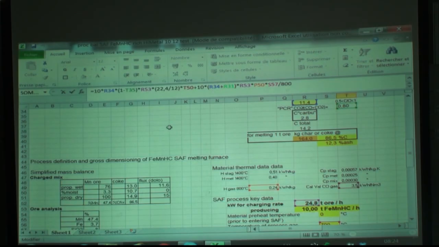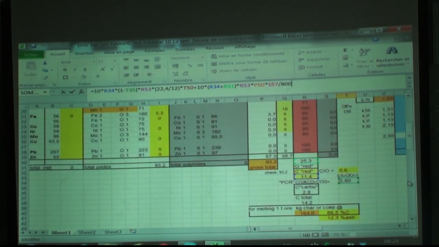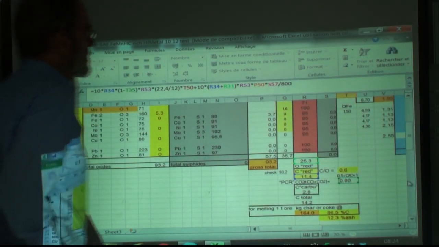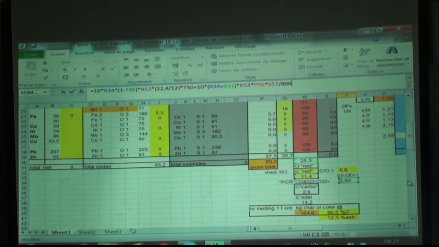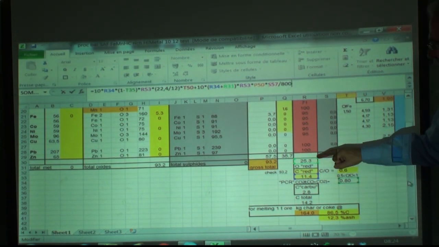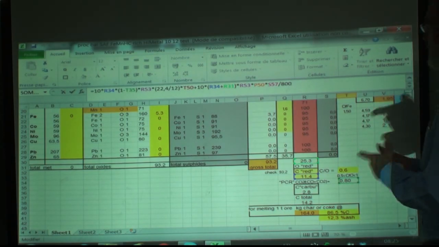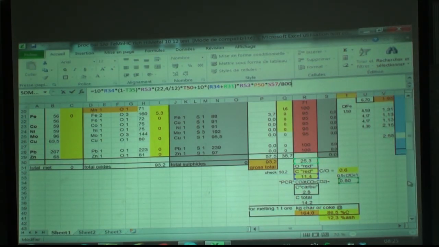And so to do this, the simplest way is that I don't recalculate the CO and the CO2 separately. I say that the CO plus CO2 is just the sum of the oxygen and of the carbon, disregarding the proportion of CO and CO2. For sure, the CO plus CO2 weight is the weight of the oxygen input and of the carbon input.